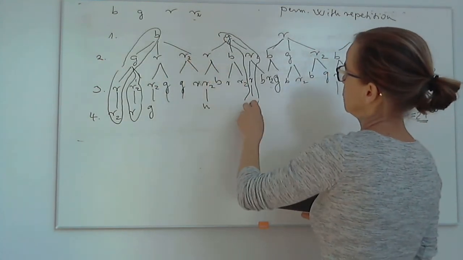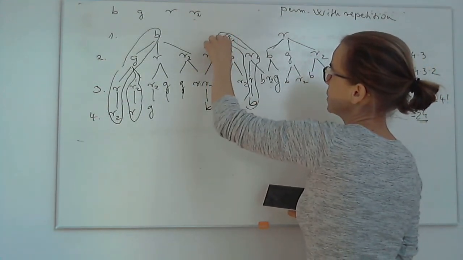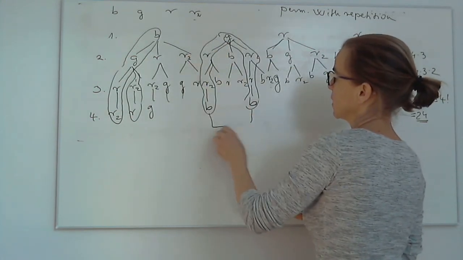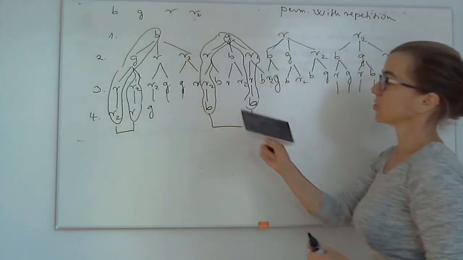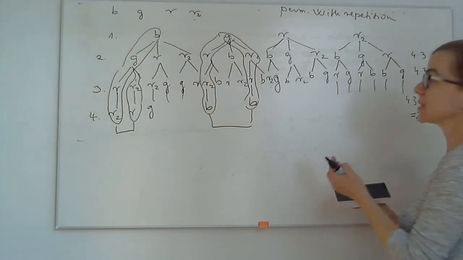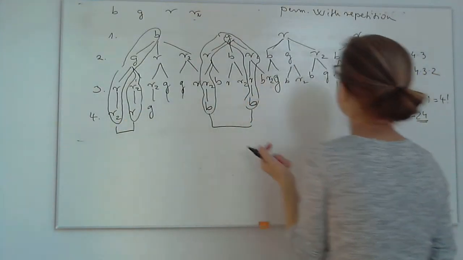It's blue. And blue here. So this one, again, these two will end up identical once I forget about my distinction between the two reds. So the moment I have two identical reds, the original 24 possibilities seem to halve.